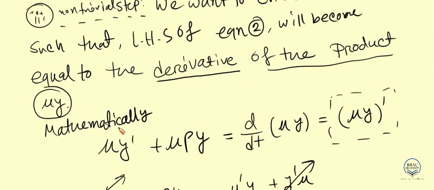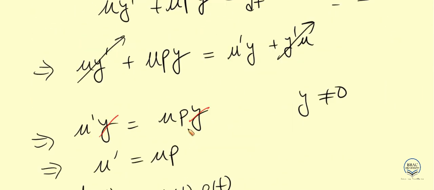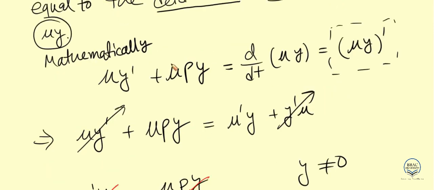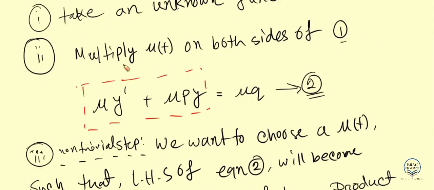So we are done finding mu, and remember that our equation, that we wrote over here, this one, that is equation 2, we said that this left hand side was equal to, that is, we wanted to have something like (mu y) whole prime, right?